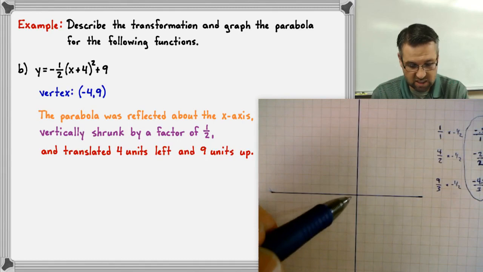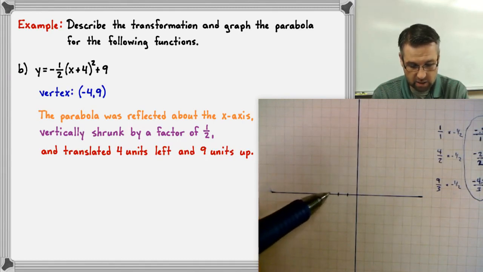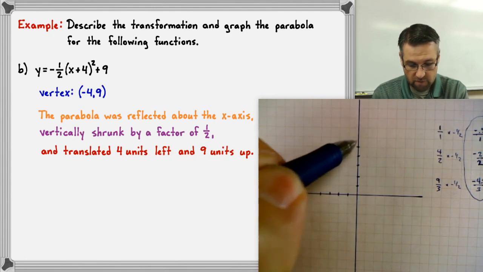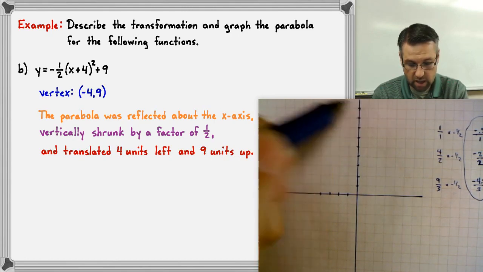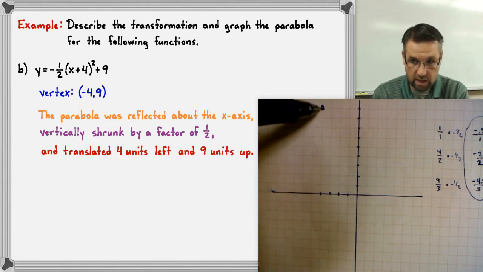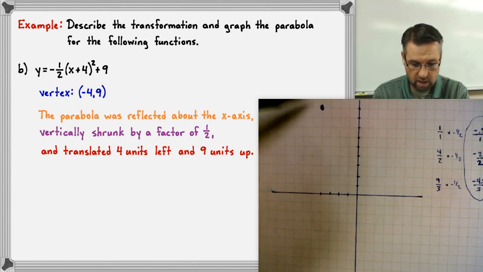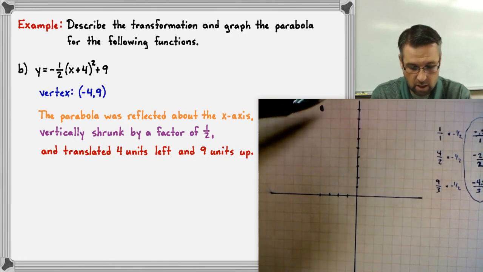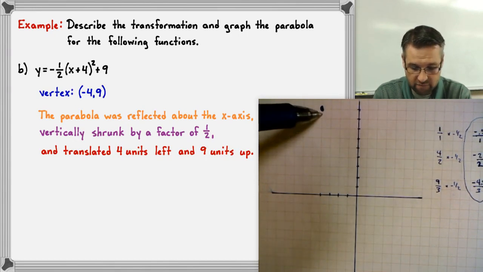The vertex was negative 4, 9. So we go back 4 and up 9: 5, 6, 7, 8, 9. So this point right here is my vertex. And then from here, because the parabola opens down, it's reflected, we are going to go down 1/2, not even 1, just down 1/2 and over 1.